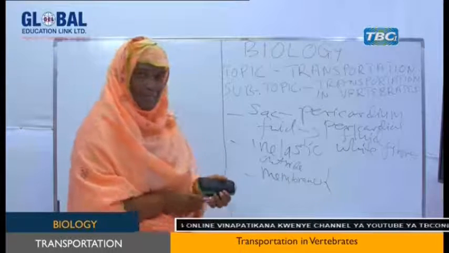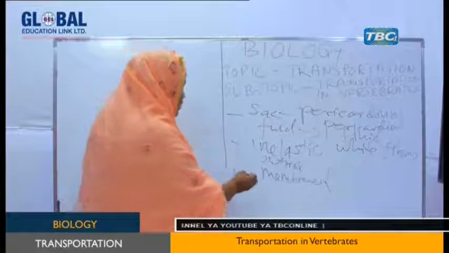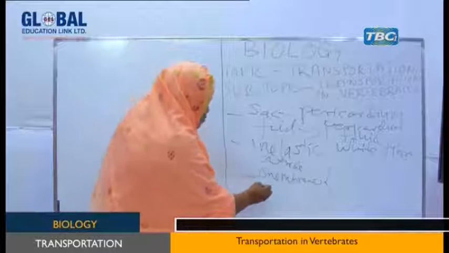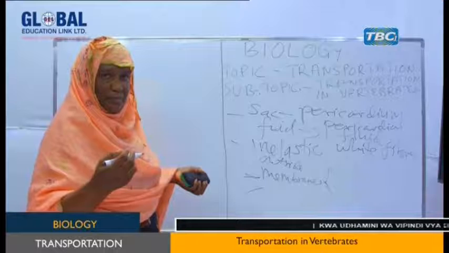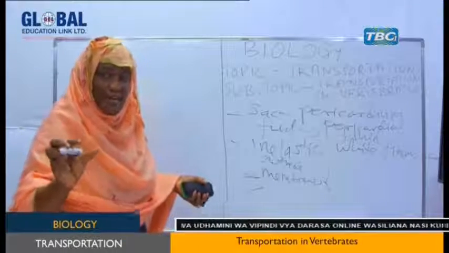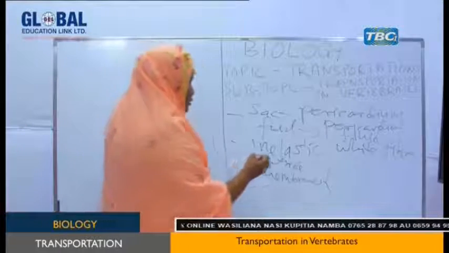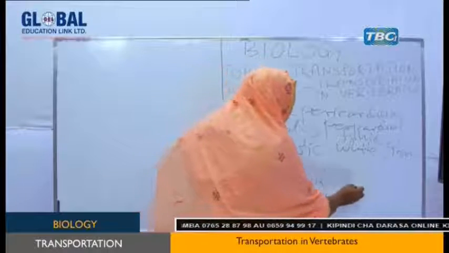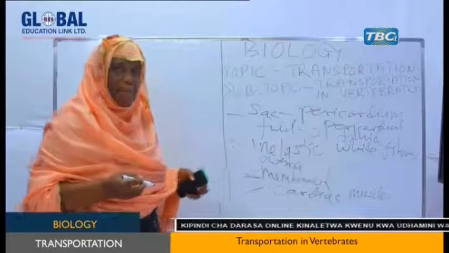Apart from that, the heart is composed of muscles. The type of muscles which are found there are known as cardiac muscles.